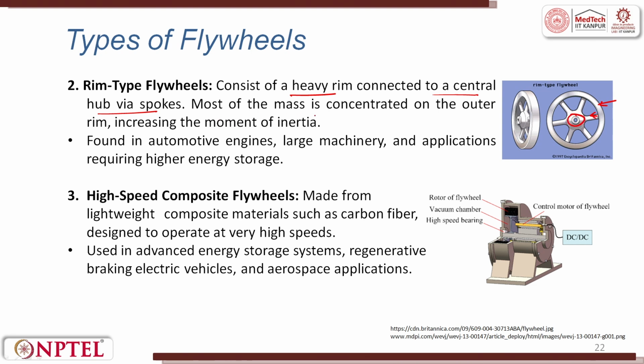Most of the mass is concentrated on the outer rim, increasing the moment of inertia. To increase the moment of inertia, the major mass is on the outer surface. These are found in automotive engines, large machinery and applications requiring high energy storage. These are efficient for high rotational speeds.